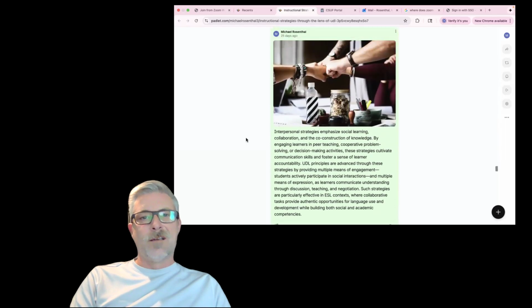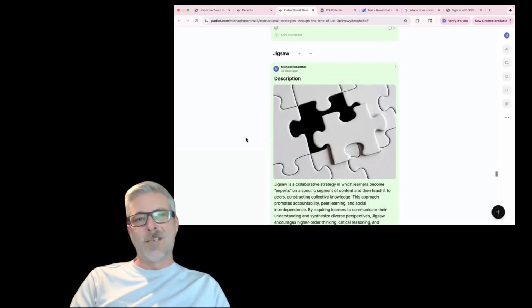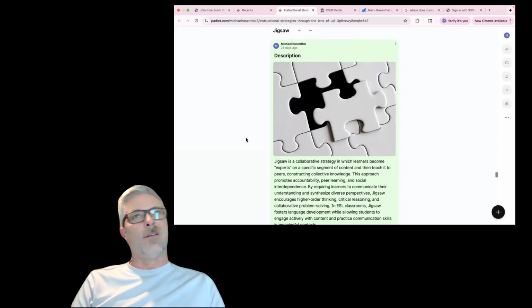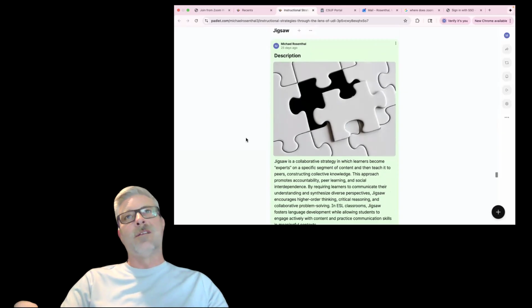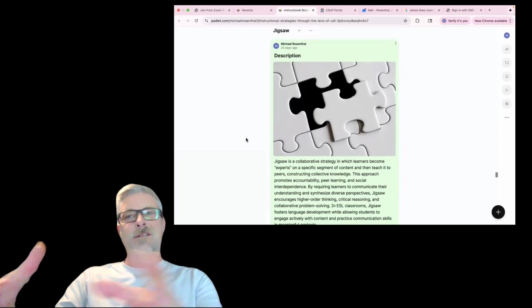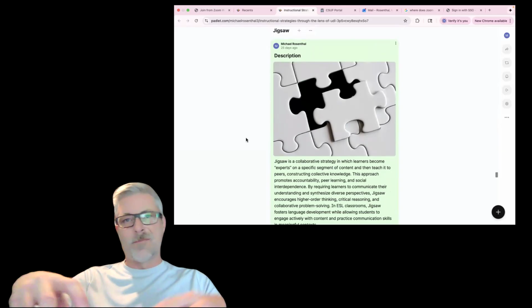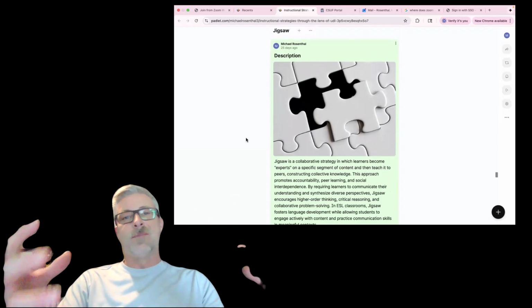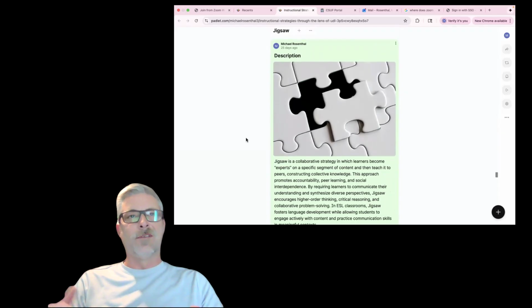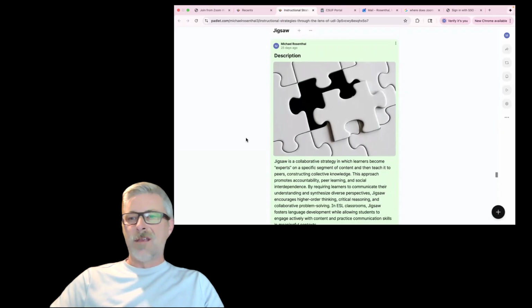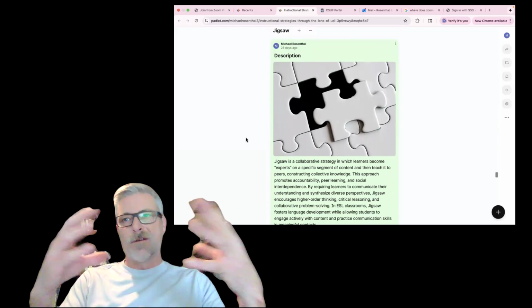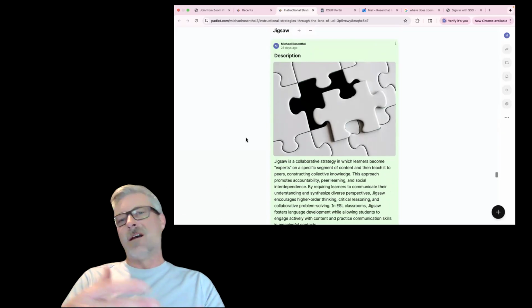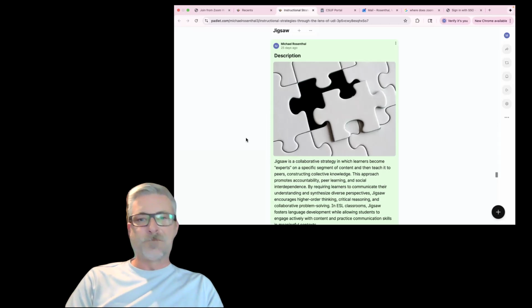Interpersonal. I really like the interpersonal strategies. Jigsaw, I've used that a lot. That's very effective in breaking a large chunk of information down and assigning it to different groups of students, and having them come up with the lesson themselves. Basically, it's very constructivist, so you're going to have each group present their own ideas and their own segment of the knowledge that they're supposed to be presenting.